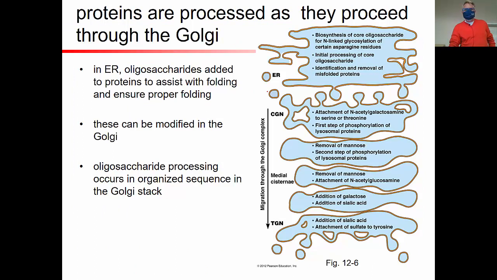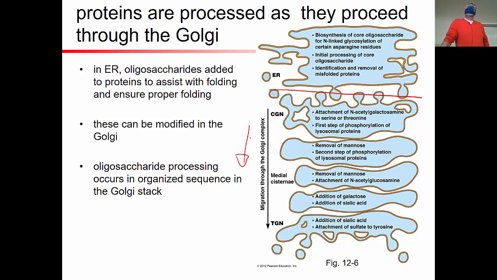The top of this slide is the ER. And we know that we get folding of proteins in the ER and different modifications, including addition of that block of N-linked glycosyl groups. In the Golgi, as we move from cis to trans network, there's a whole host of other modifications that occur.